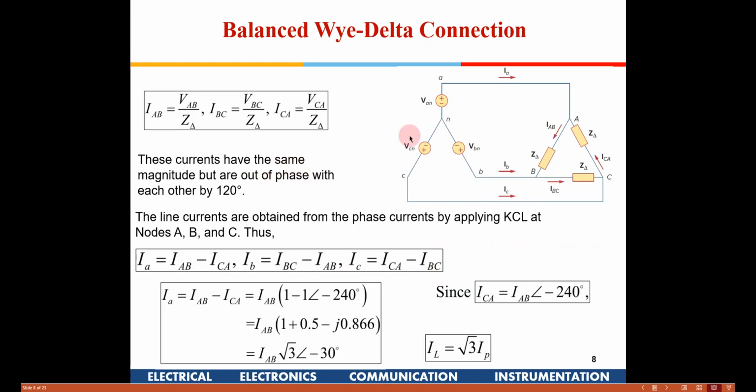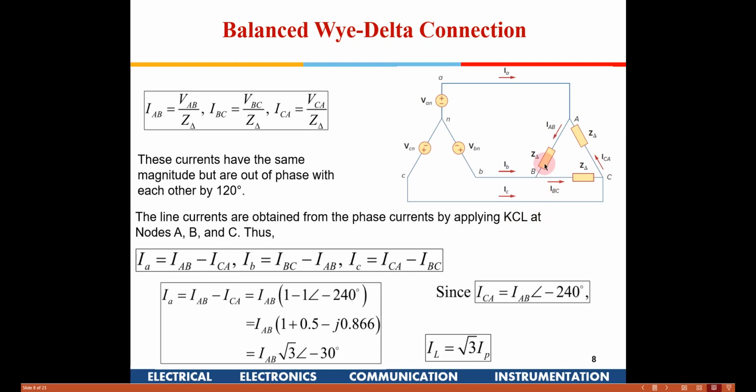Now the current going through this will be the line voltage divided by the impedance here. For a YY we saw it is the phase voltage divided by impedance. In this case, instead of phase voltage, it is going to be line voltage divided by Z. That means the current will be √3 times higher for the same impedance, because the voltage is √3 times the phase voltage.